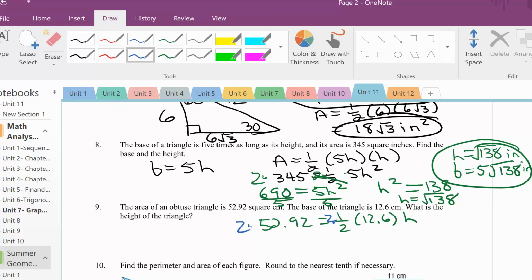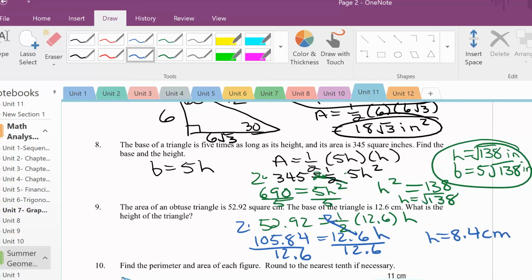So you get 105.84 equals 12.6h. Divide by 12.6, and you get the height is equal to 8.4 centimeters.